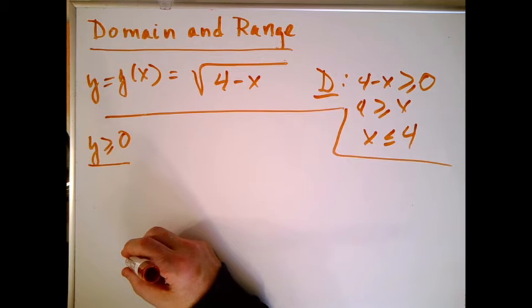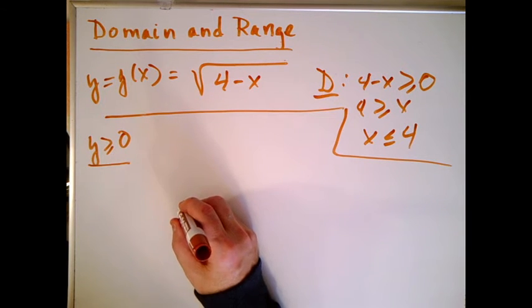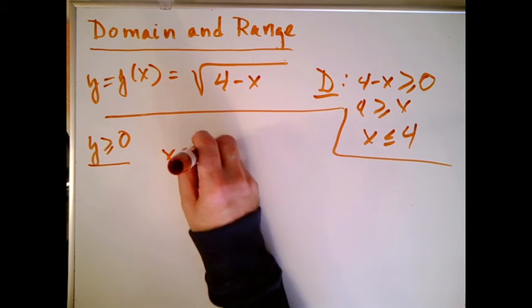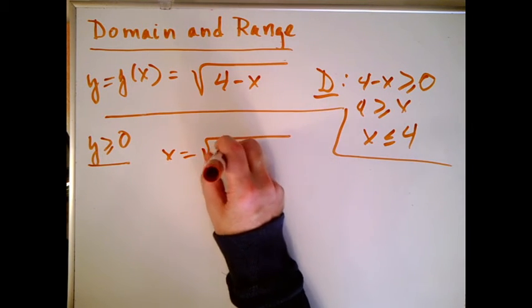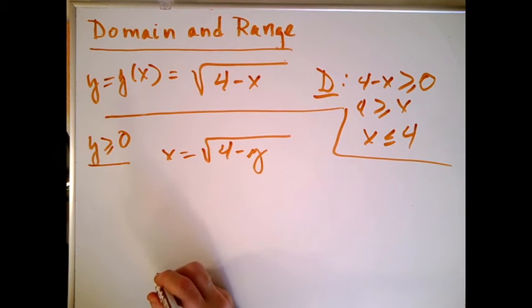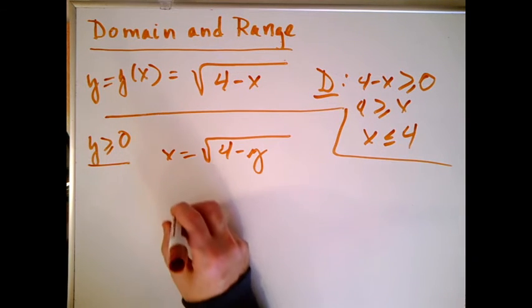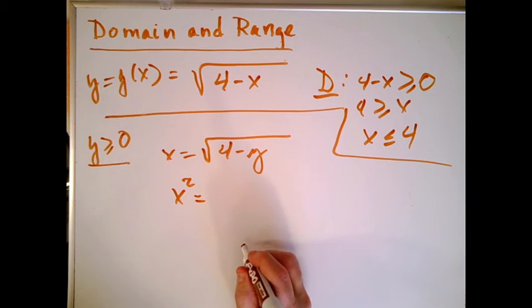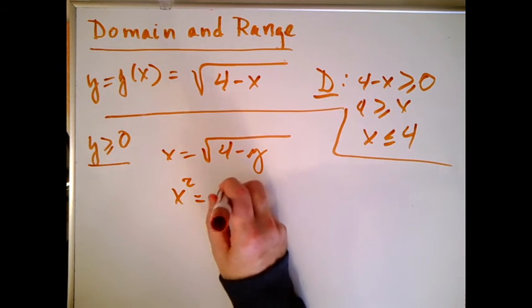Let's look at the algebra and just see what happens. I'm supposed to switch x and y, so I'm going to get x equals the square root of 4 minus y, like that. I'm supposed to solve for y, so I'm going to get x squared equals 4 minus y.